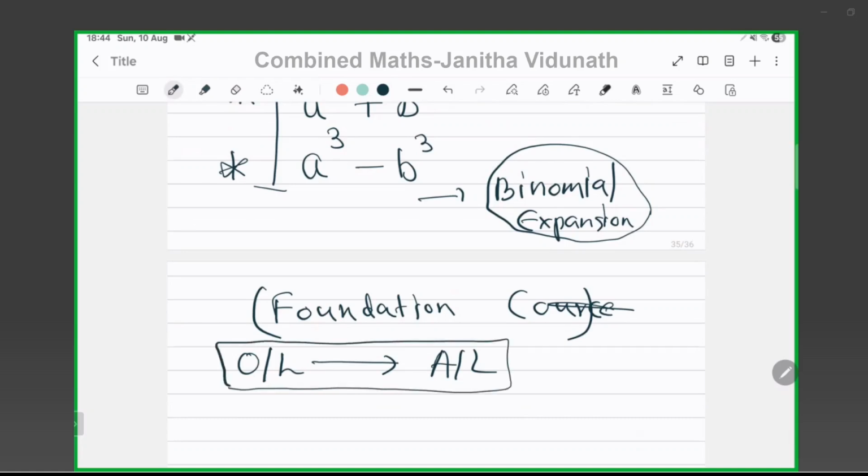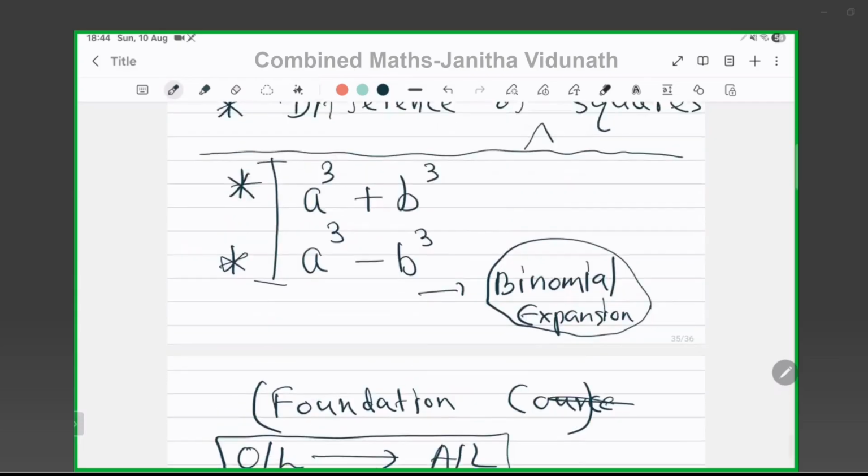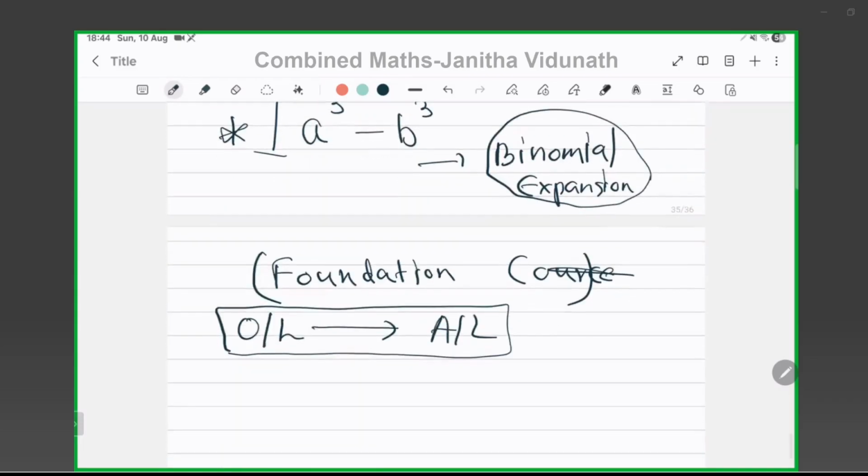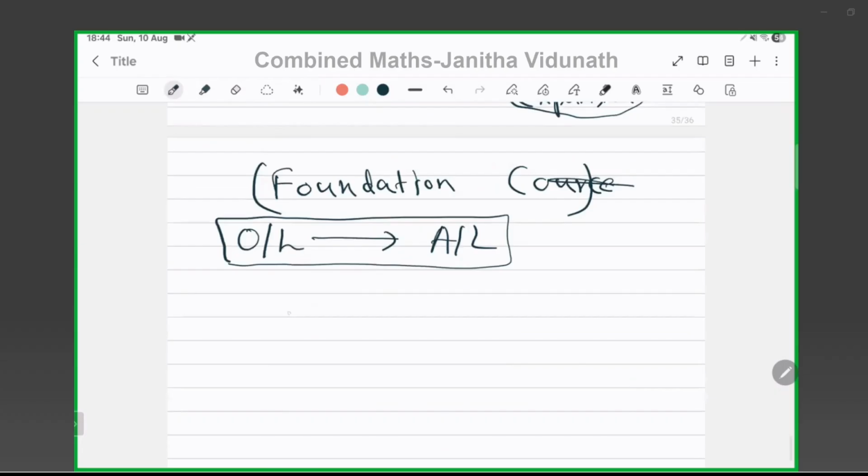For the foundation course, I will not give separate notes. I cover all the topics, but for topics related to A level, I will give a separate note when we are doing the class.